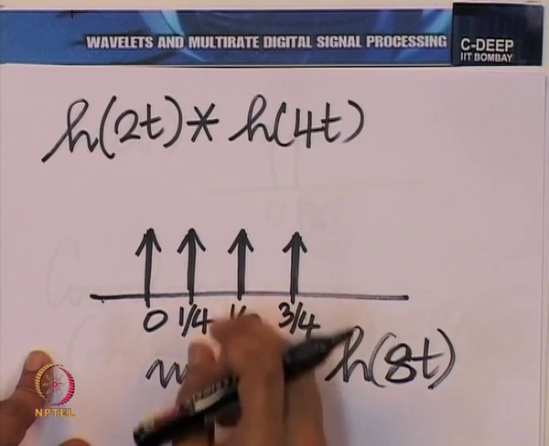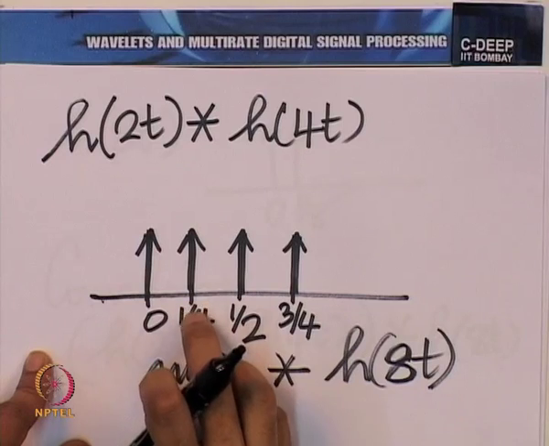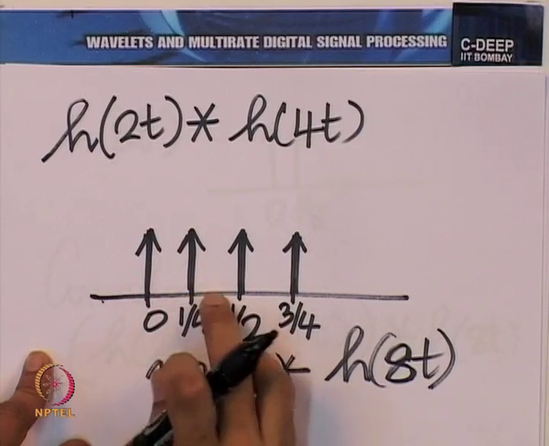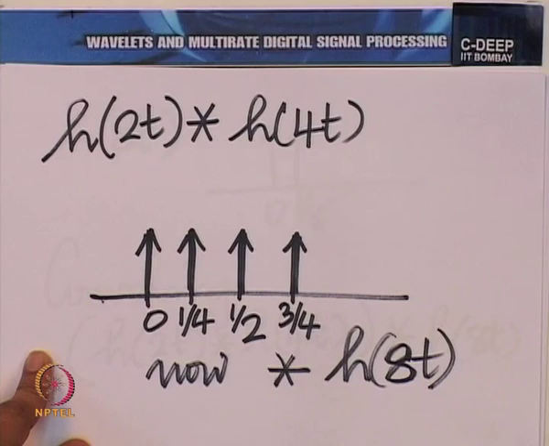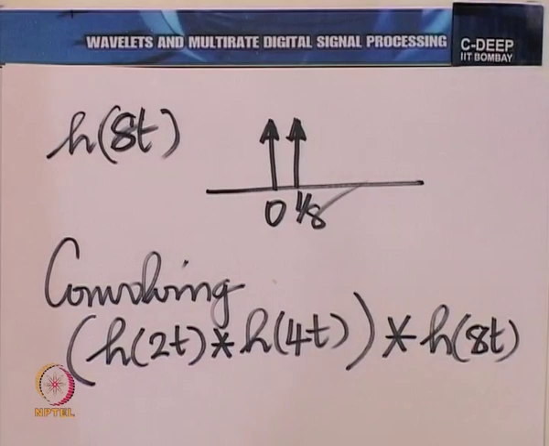When you relocate h of 8t here, you will get an impulse here and at 1/4 plus 1/8, that is 2/8 plus 1/8, 3/8. So, let me straight away now draw.